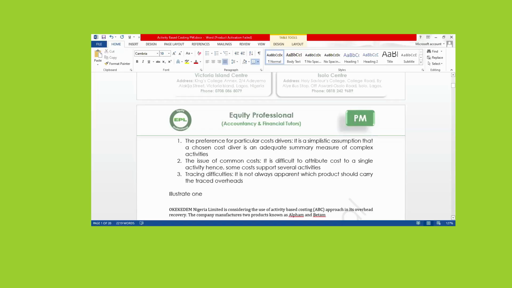All staff, regardless of your department, you are entitled to follow the staff bus. Every day, the company incurs costs. Now, this is a common cost. It is difficult to identify a single activity.